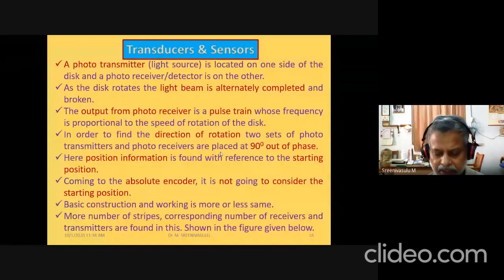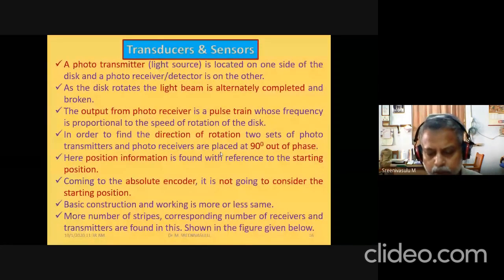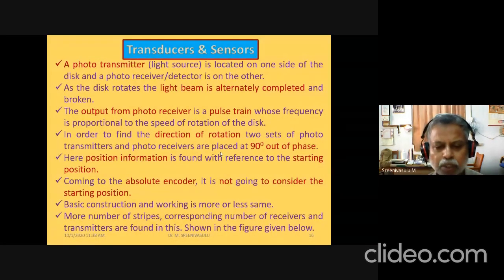Another set is going to be offset by 90 degrees such that when the disc rotates, at one time through one set, the photo beam is going to pass through. Simultaneously in the other set, the photo beam is not going to pass through. So that way they have been accommodated. You try to imagine that, in order to account for the direction of rotation.